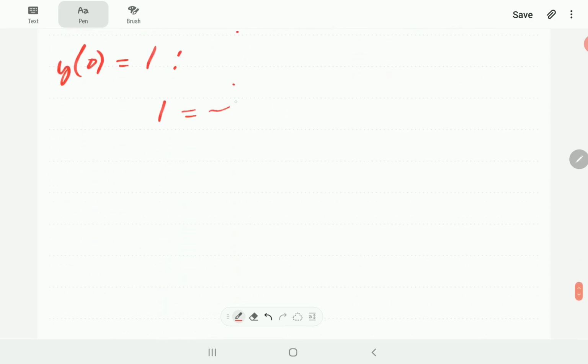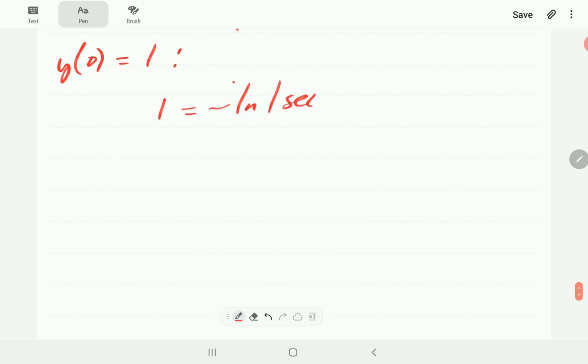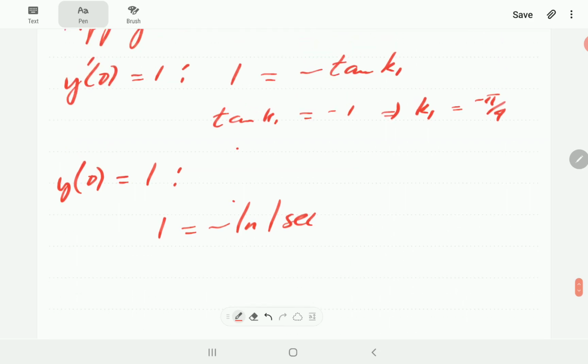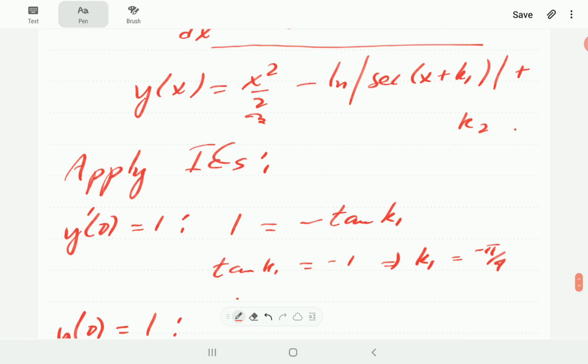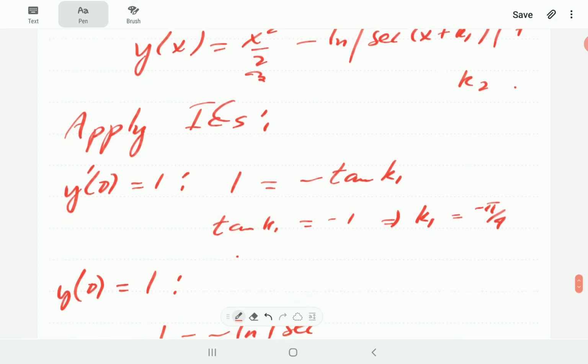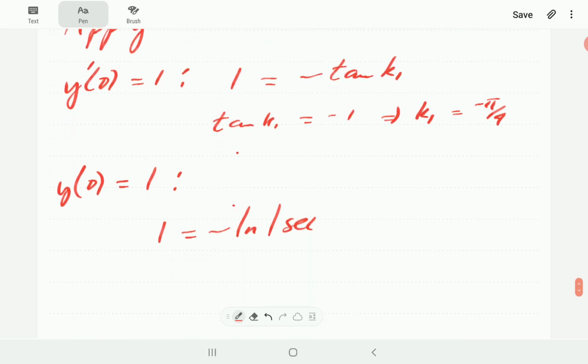Then we're going to have minus natural log of secant of minus pi on 4. But secant is even, so secant of minus pi on 4 is the same as secant of pi on 4. And then plus k2.